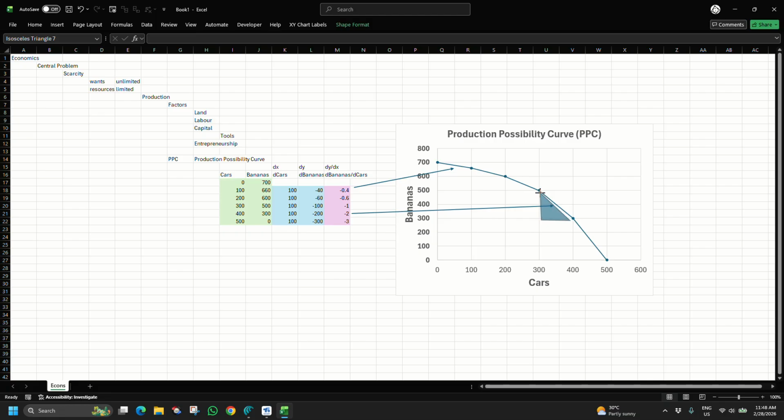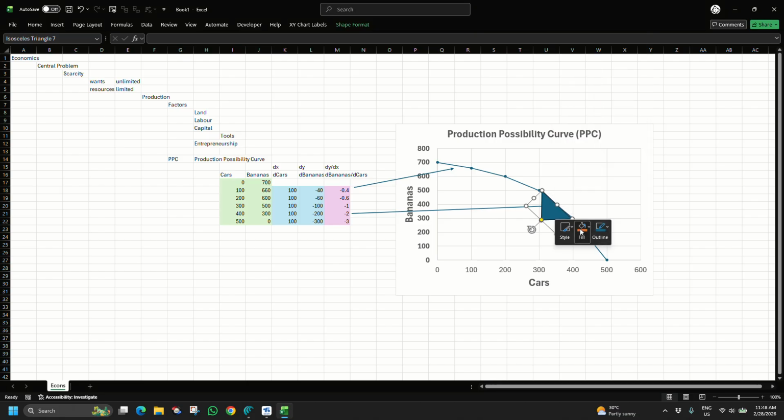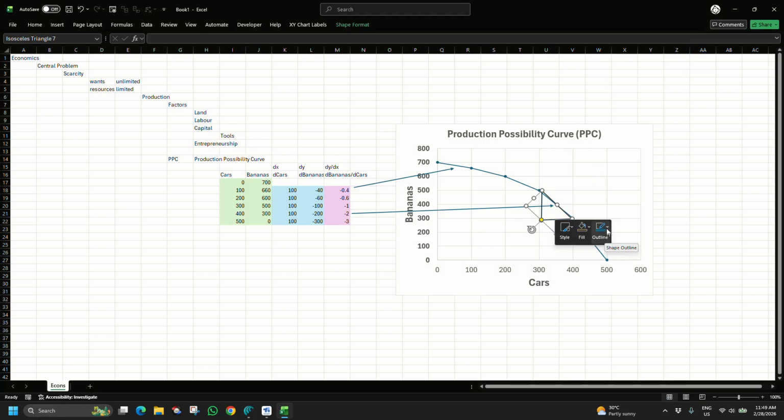This is the gradient of -2. Because now if I just remove the fill, no fill, and the outline I just make it red so you can see.